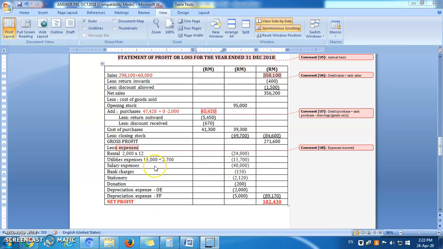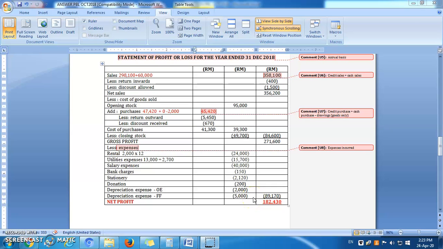For other expenses such as salary, bank charges, stationery, and donation, there is no adjustment needed because there is no amount accrued or prepaid. The next one is depreciation expense. This amount is stated in the additional information, so these two figures must also be included here.